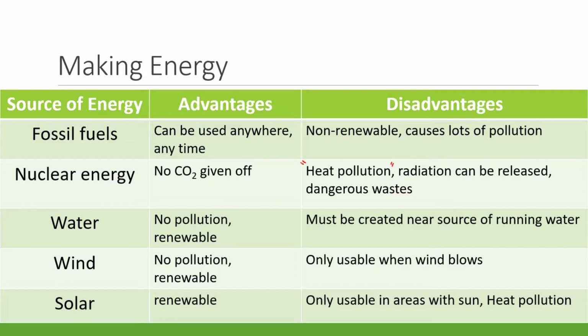In nuclear power plants, they have these big vats of water, and they basically water cool the nuclear energy production. This water acts as a place for all of the heat to go into, but it still needs somewhere else to go after that. It just raises the temperature of the surrounding area in the environment. So that's heat pollution.